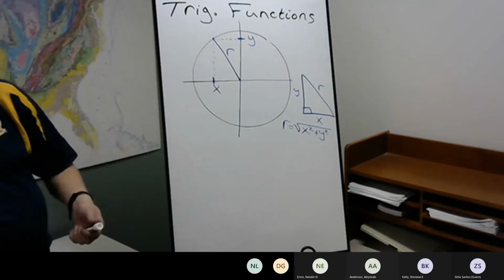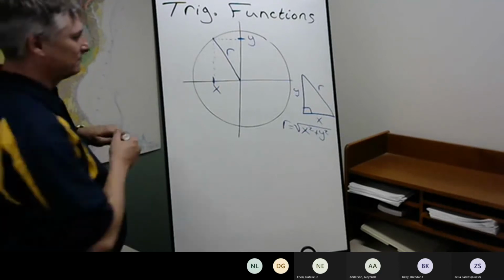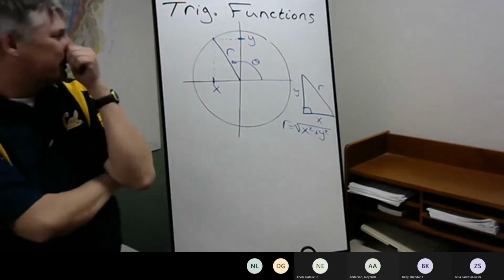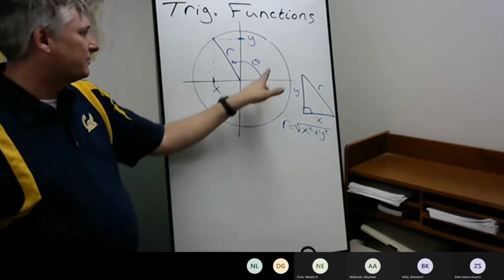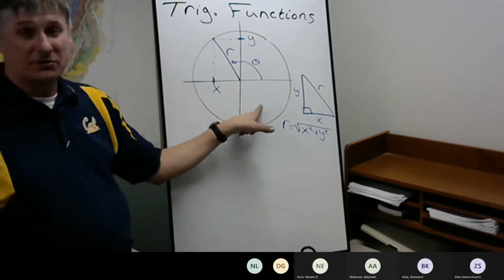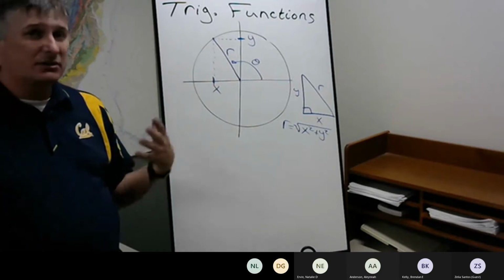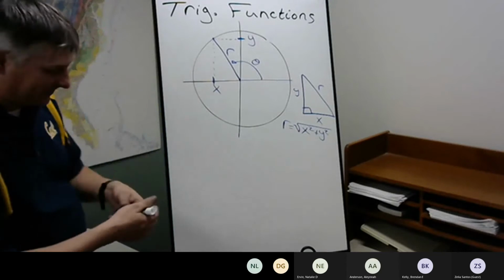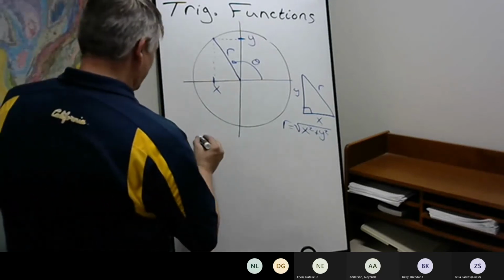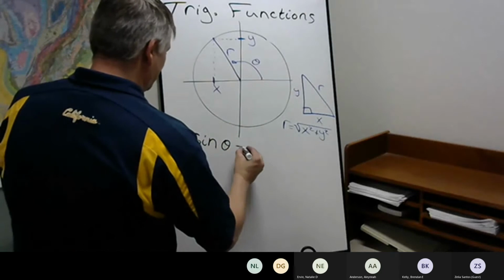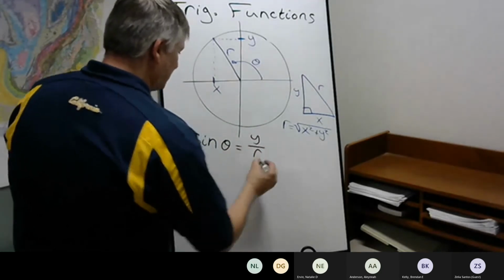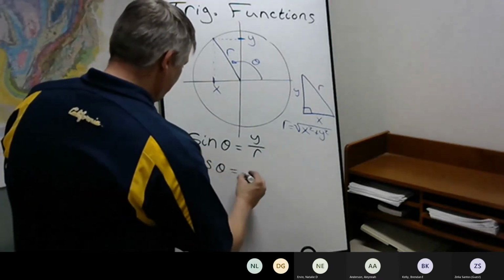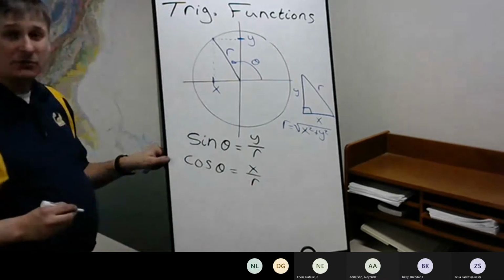So this is going to be our angle theta. And this is going to be true regardless of the triangle you come up with, or the triangles in this quadrant, this quadrant, this quadrant, or this quadrant. This is what sine, cosine, tangent, cosecant, secant, cotangent are going to be. The sine of theta is y over r. Cosine of theta, x over r.